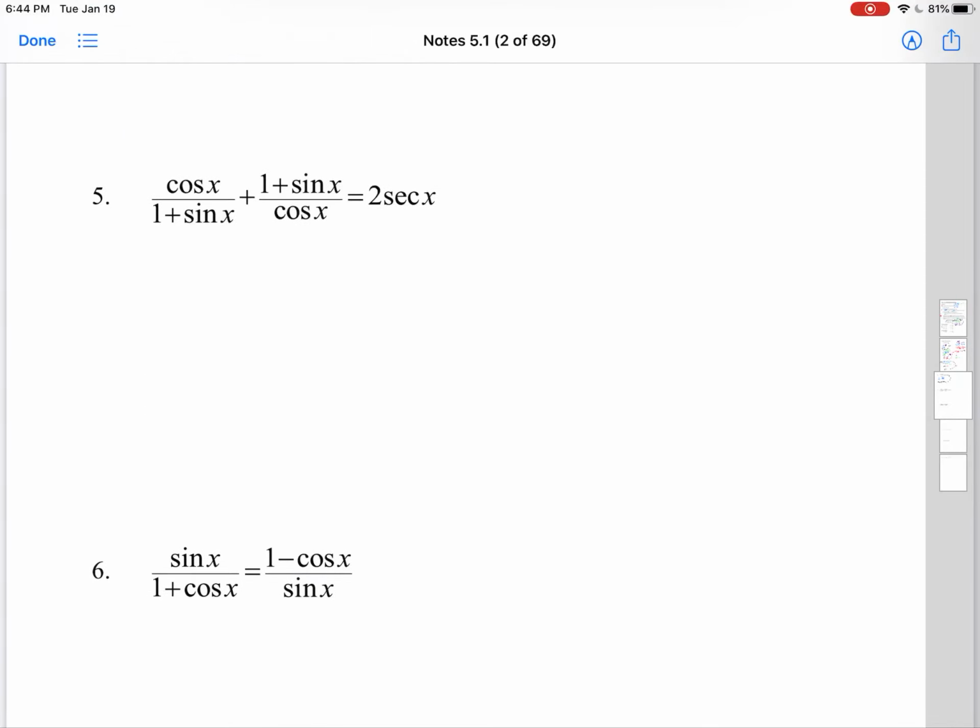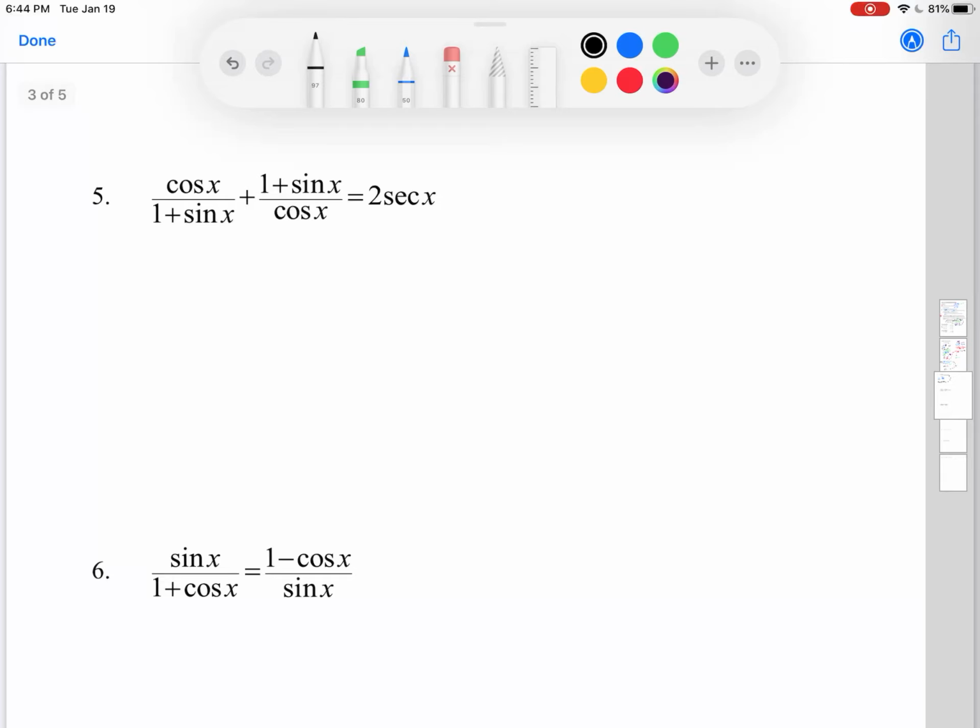Question 5. We got 2 separate fractions equaling 2 secant x. All right. Again, I try to steer clear of fractions because that's just my personal preference. However, if I looked at this right-hand side, 2 secant x, not much to work with there. All right, so I do actually have to figure out these 2 fractions on the left.